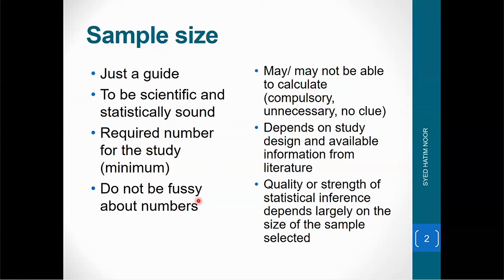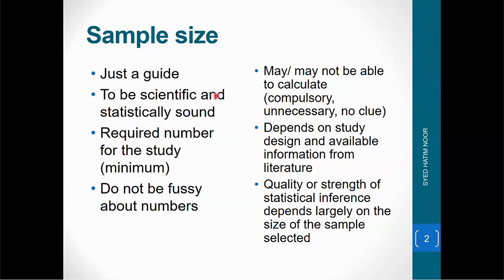Because X-ray, you know, there's a radiation, right? So you are supposed to take 100 only, but you go and take 200. So the extra 100 is unnecessary. You expose them to the X-ray, to the radiation. So that's why we need sample size, for us to estimate how many samples we need to take in our study.